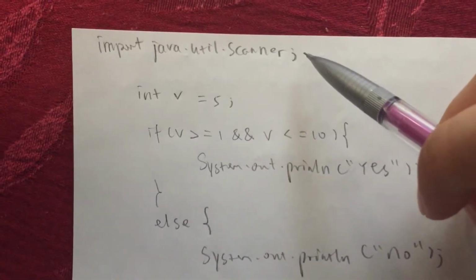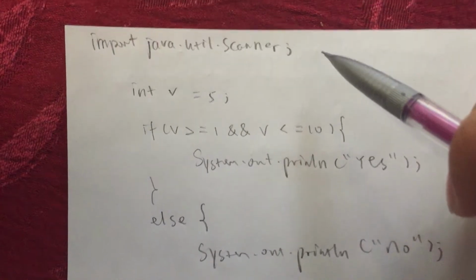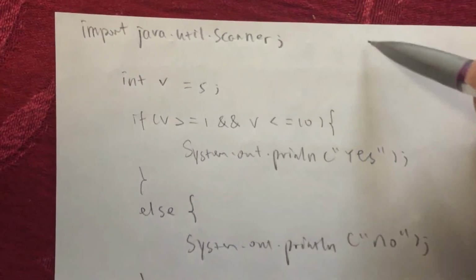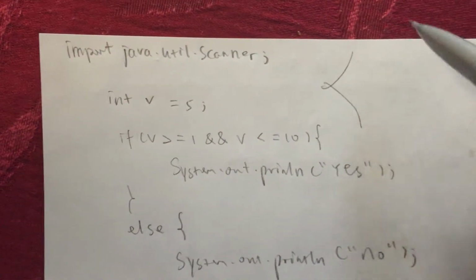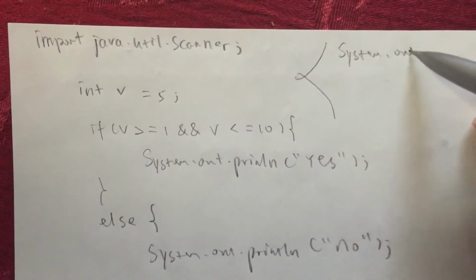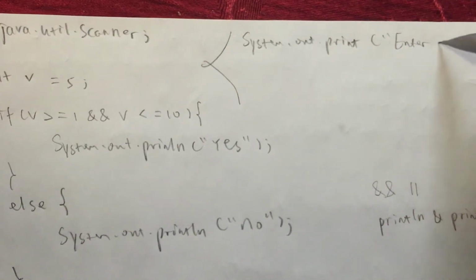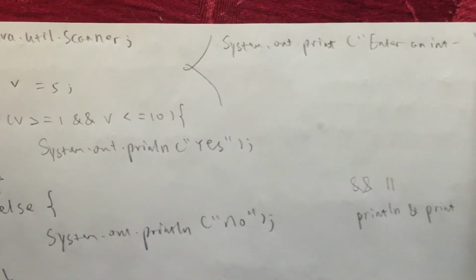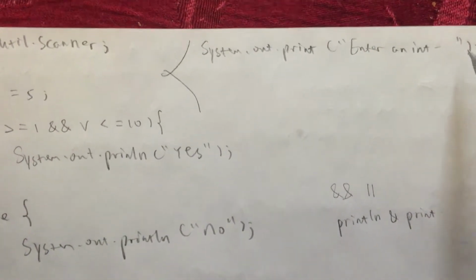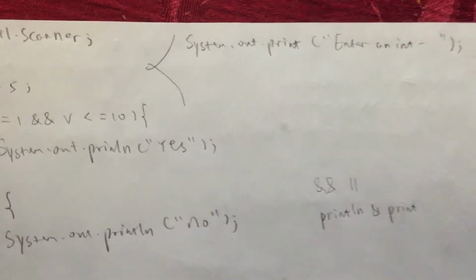And remember, this is the only statement that will appear outside the class in CSE2. And you want to prompt the user to enter an int for v. Print, enter an int. Make sure you have a space here so that there's a space between your statement and the user's input.